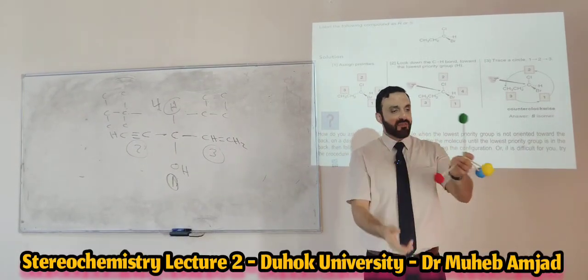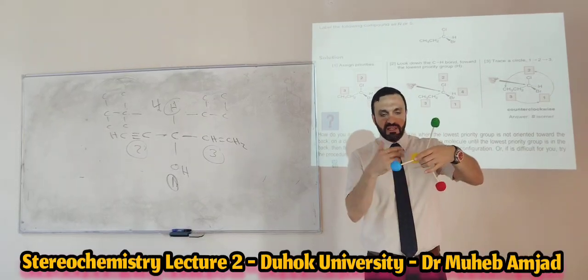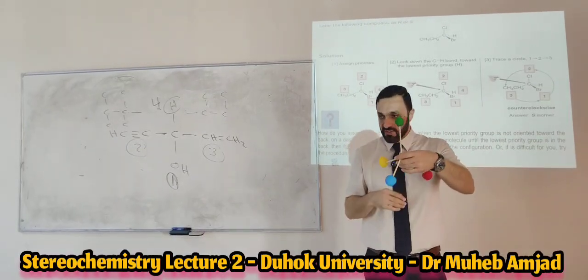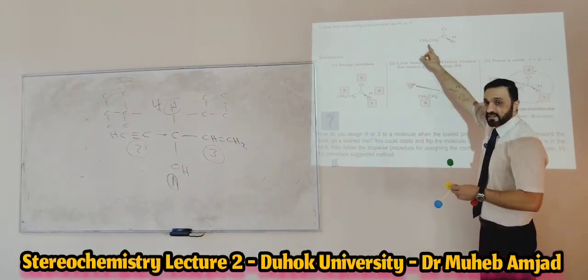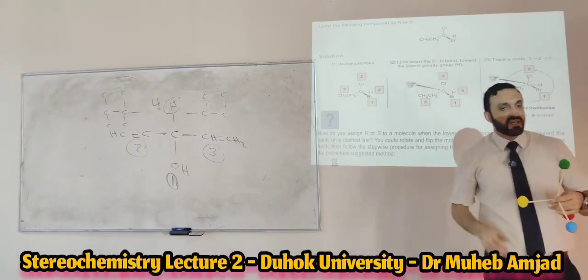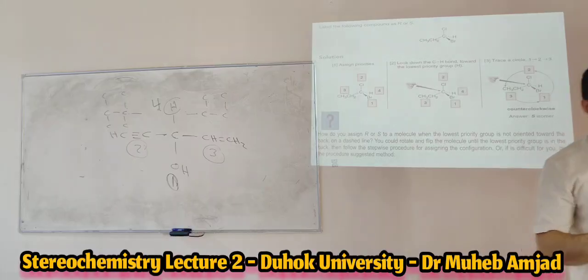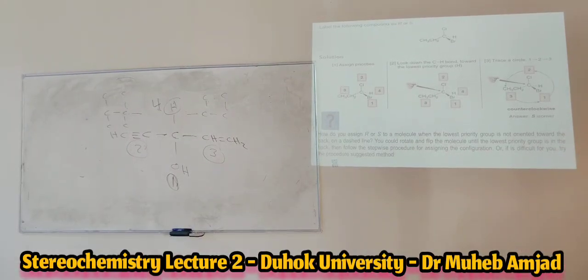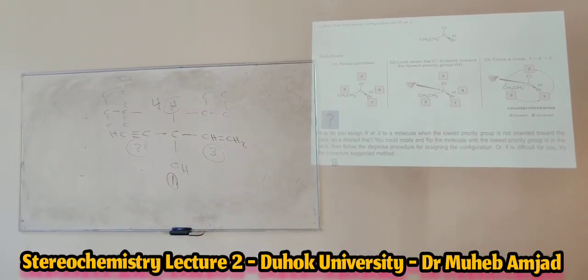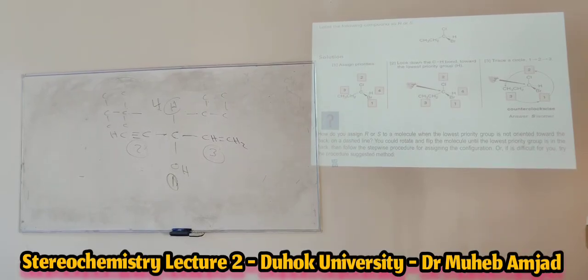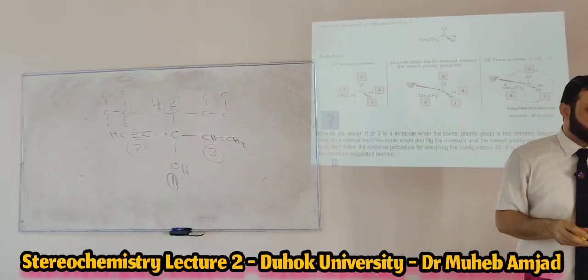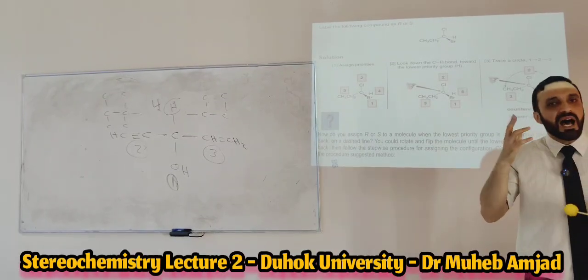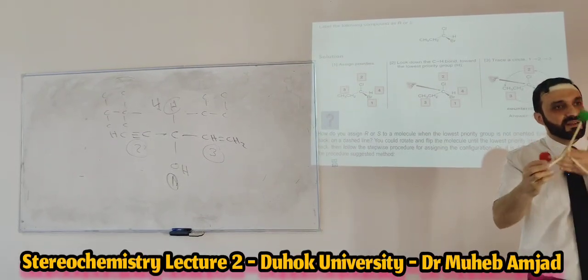Here, if you have the molecule and rotate it, it will be clear how the groups are arranged to each other. But here on the board, if the hydrogen is here, and I ask you whether this isomer is S or R, how can you imagine the rotation of the molecule on the paper when you draw it? For some students it is easy, for other students it is difficult. They cannot imagine how the molecule will be reversed like that.